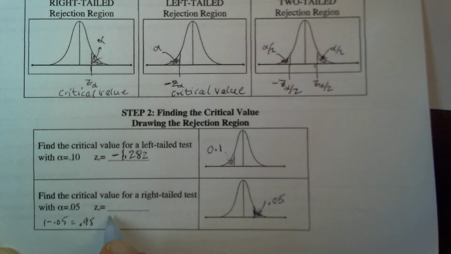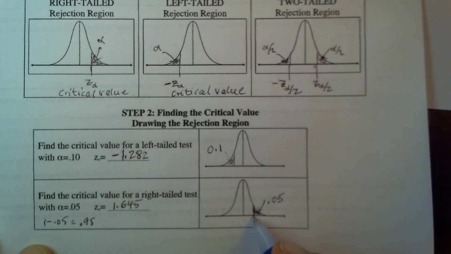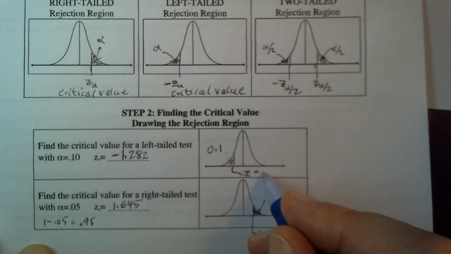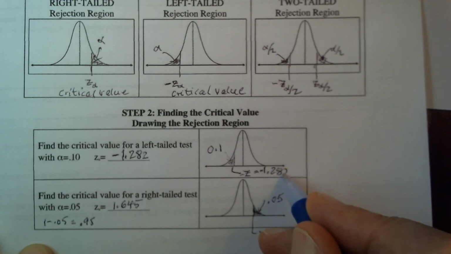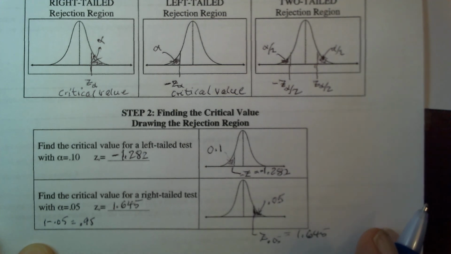The z-score corresponding to 0.95 is 1.645. So this is our critical value, z sub 0.05 equals 1.645, and the other critical value was z equals minus 1.282. That's how we look up the z-scores for a particular alpha value. It's the same thing we have done in previous chapters.